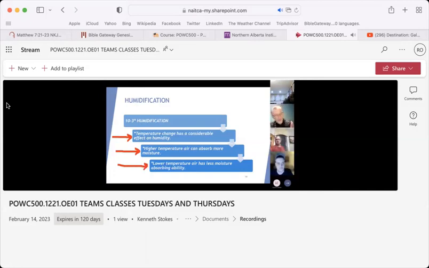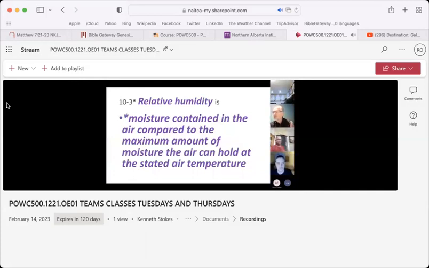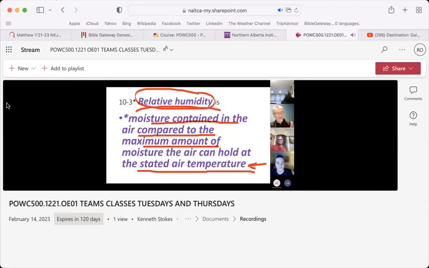A very important term to have very clear and very straight in your mind is relative humidity. This is the moisture that is contained in the air compared to the maximum amount of moisture you can hold at that temperature. It's important to realize that if we change the temperature, we're going to change this number, and then we have to do something about that.